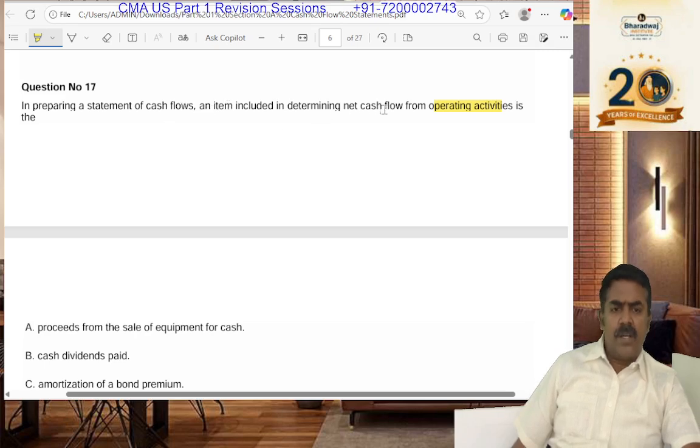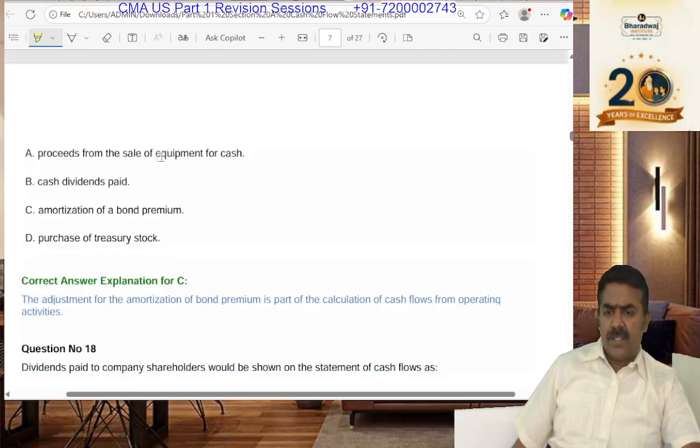Sale of equipment is not an operating activity, that is an investing activity. This is a financing activity. Amortization of bond premium must be added back. Purchase of treasury stock is a financing activity.